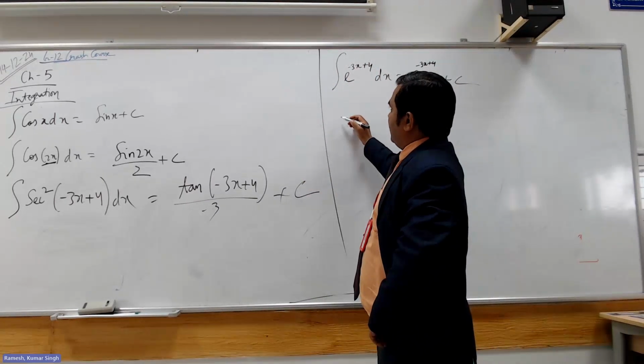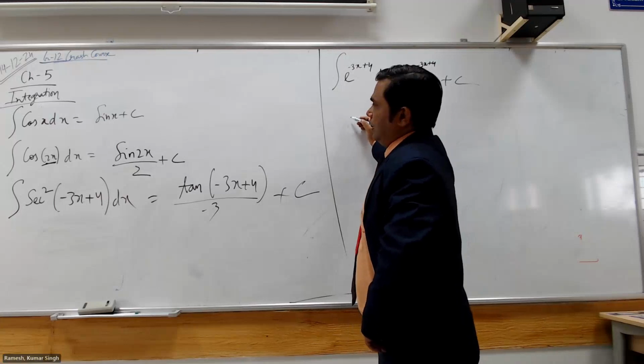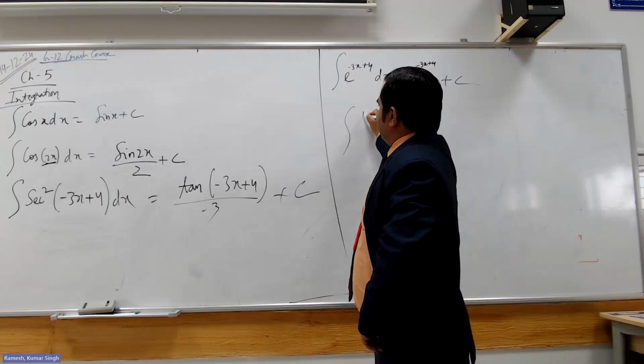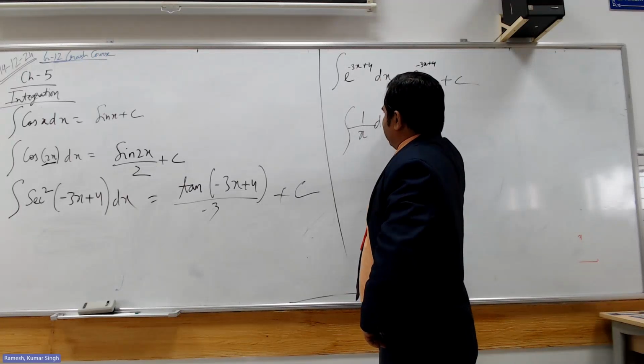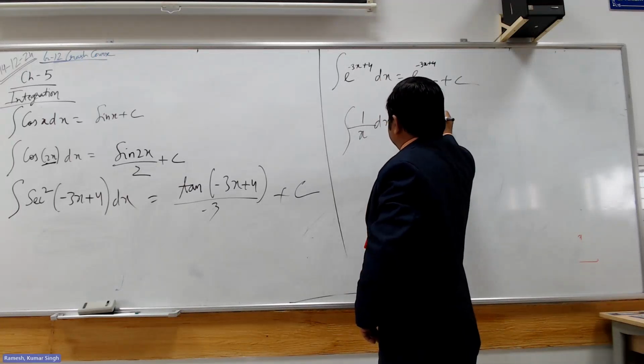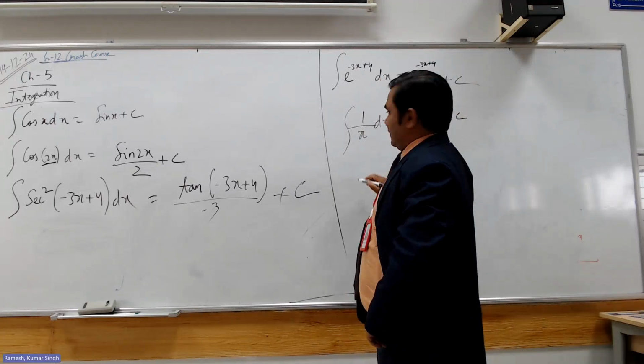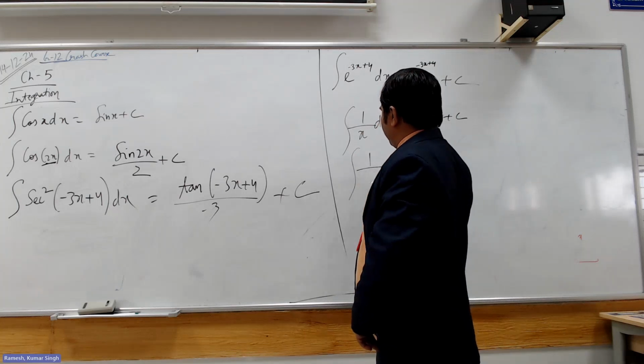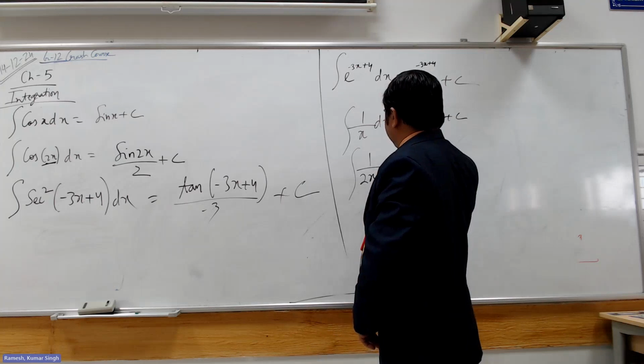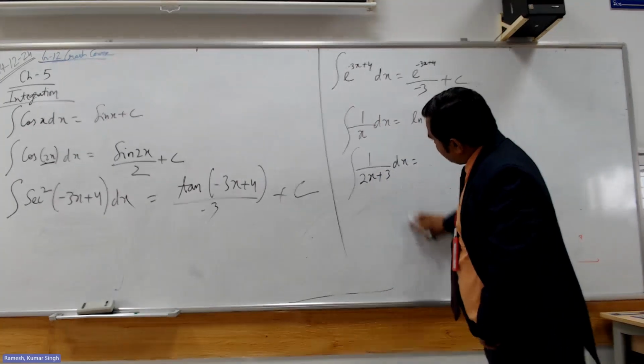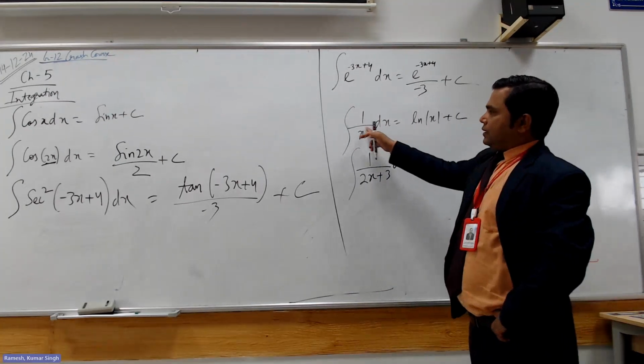Let's do one more. Integration of 1 over x dx is ln x plus c. Then what will be the integration of 1 over 2x plus 3? This is a linear function.